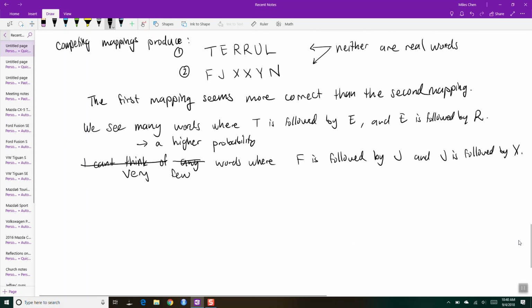Okay, and so our other strategy will look at two-letter combinations. And we will give high scores to combinations that are common and low scores to combinations that are rare.